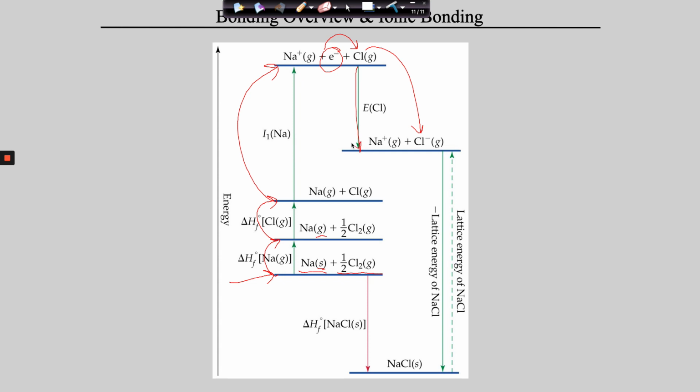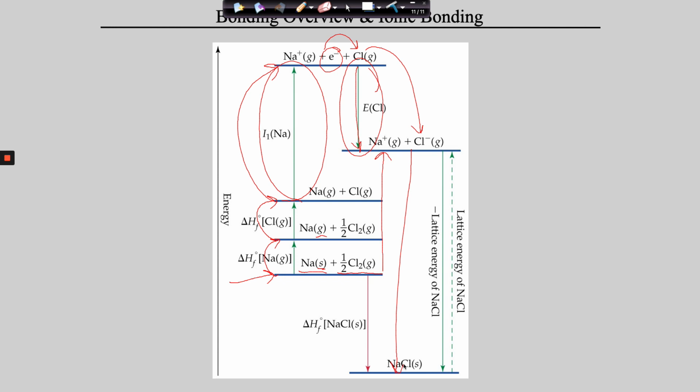But guys, remember what we said: the amount of energy needed to strip the electron off of sodium is greater than the amount of energy that's released when chlorine captures the electron. So guys, if this were the end of the story, this process would be endothermic. But then look at what happens. Woohoo! Guys, what is all of that energy?